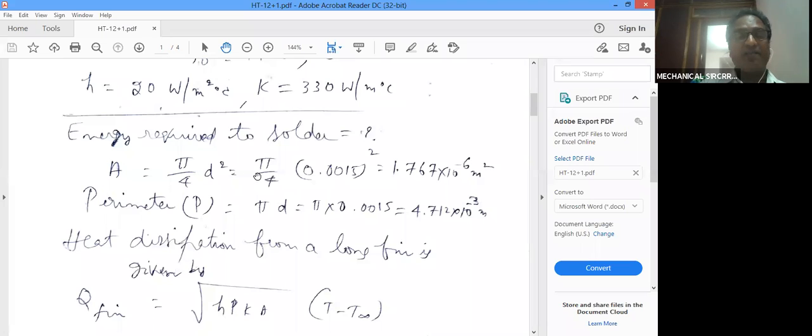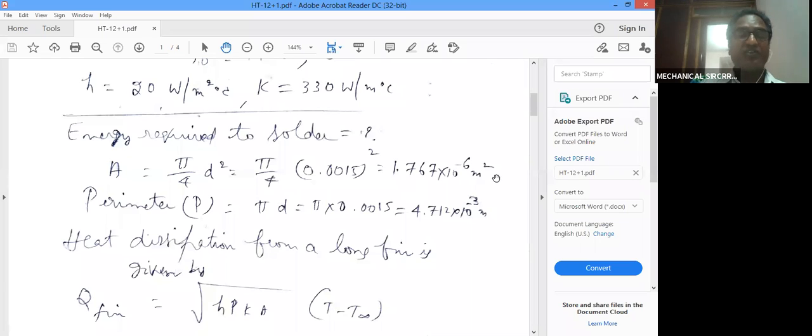That is pi by 4 into 0.0015 whole square, which is 1.767 if you calculate with the calculator. The cross sectional area of the wire is 1.767 into 10 power minus 6 meter square.